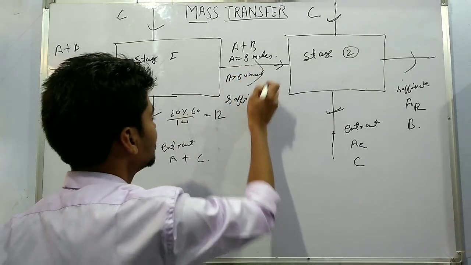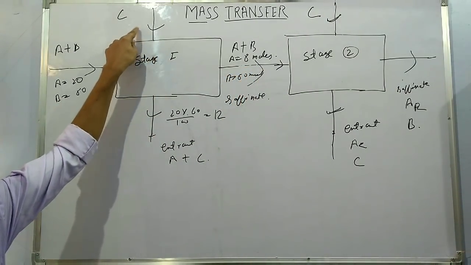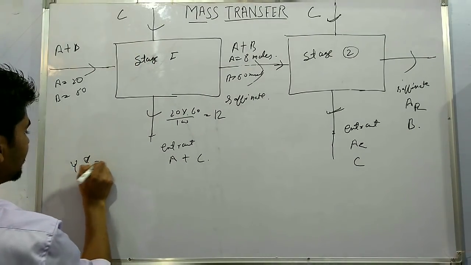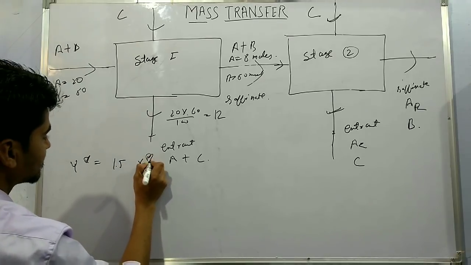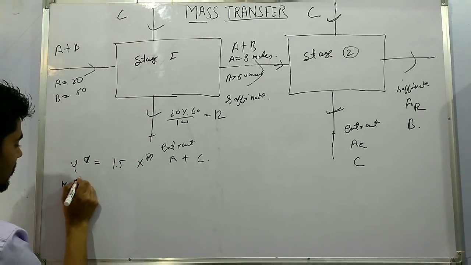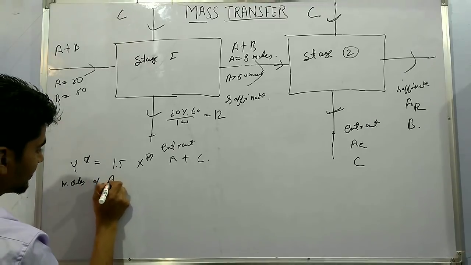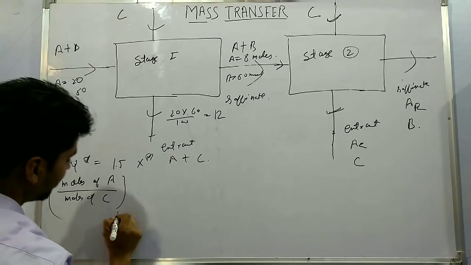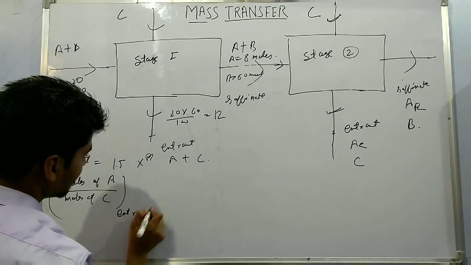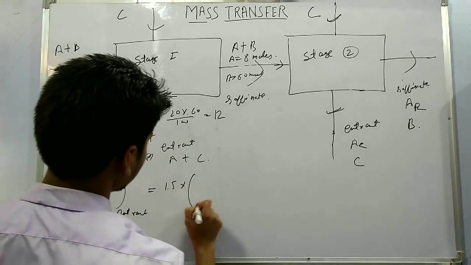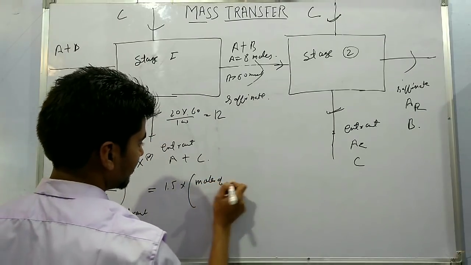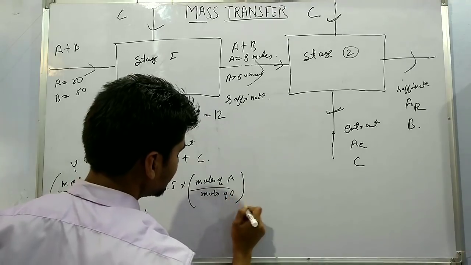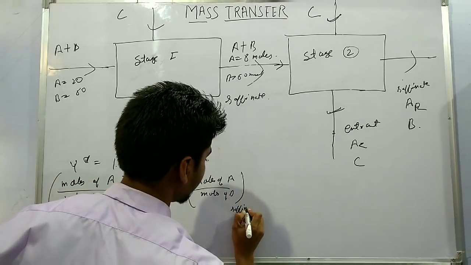We need to calculate how much C is used in stage 1. So using the equilibrium relation, we have Y star equals 1.5 times X star, where Y is moles of A divided by moles of C in the extract phase, and X is moles of A upon moles of B in the refined phase.